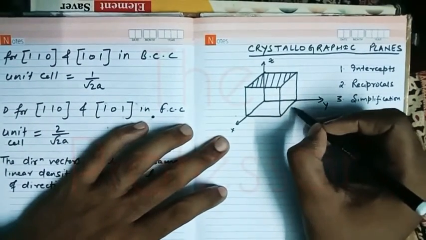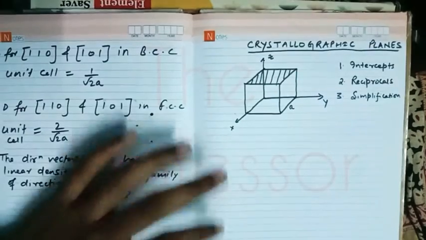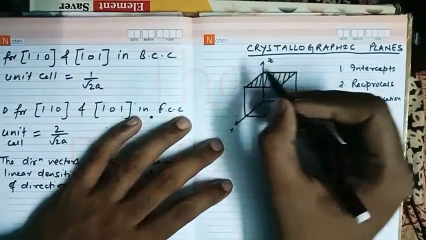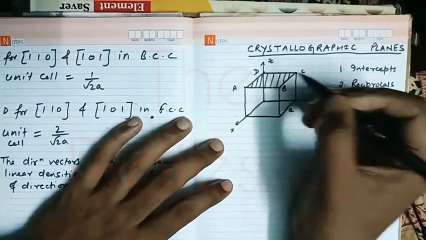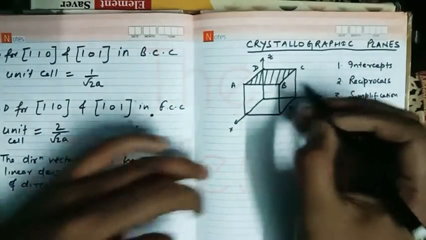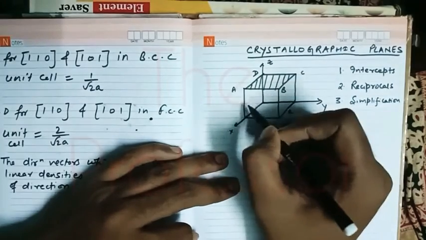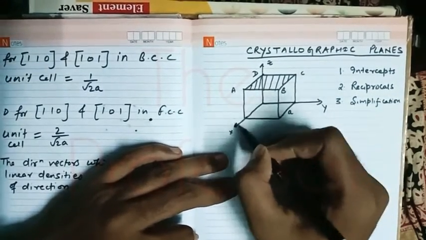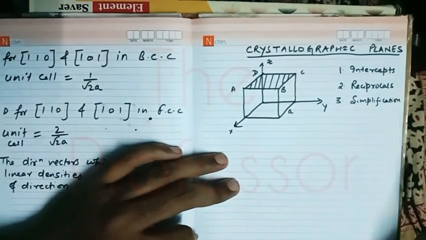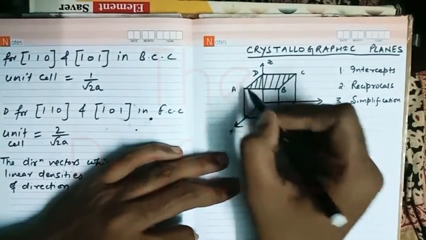Let us suppose that the edge length here is a, right? So let us talk about this plane a, b, c, d, which is also shaded in this figure. What is the intercept made by this plane on the x-axis? Is this plane intersecting with the x-axis?